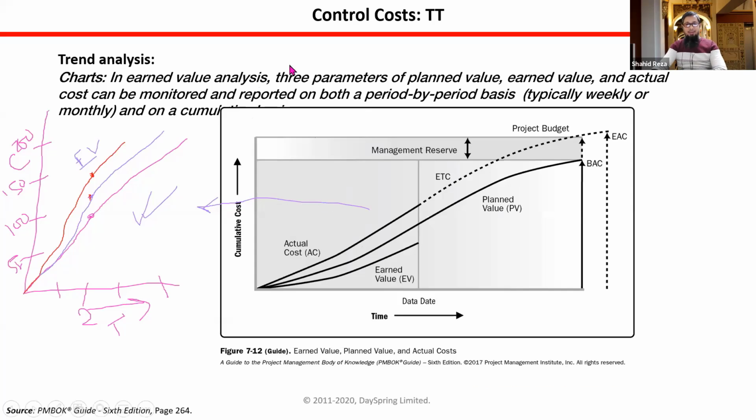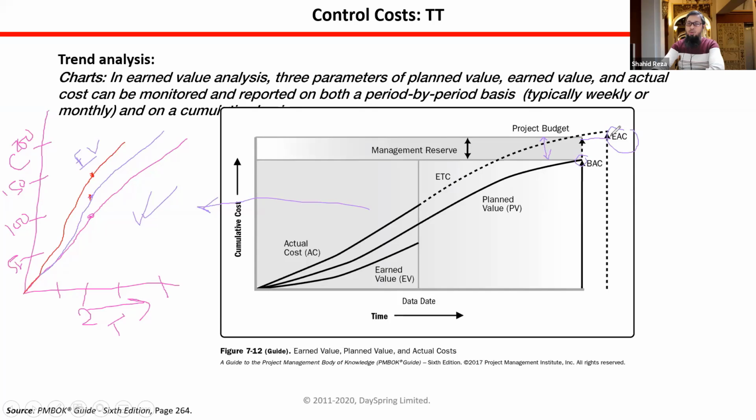So see, as we are doing bad, if you see the whole graph, BAC is here, and EAC means estimate at completion, the new estimate, right? As we are doing bad, we cannot complete the project within the management reserve also.